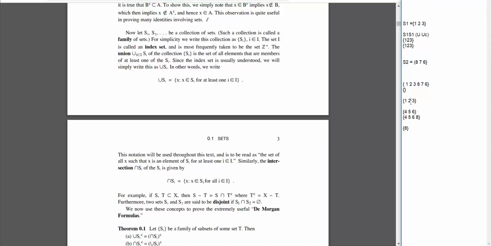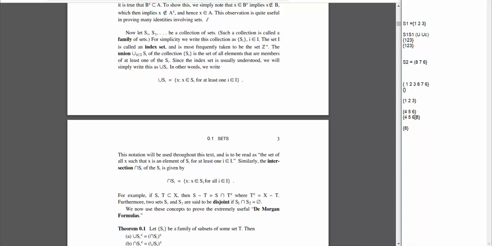For the intersection, things are a little different, because you have to have a shared element in both sets. So the element has to exist in all of the sets. I think that's what this means.